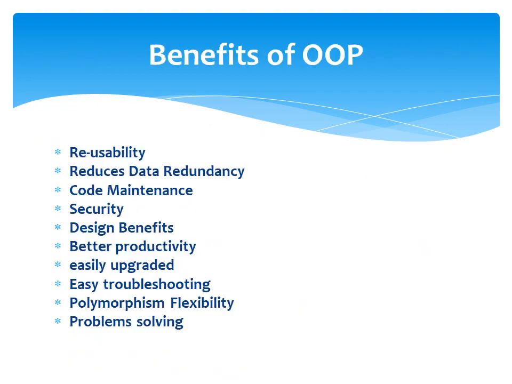Benefits or advantages of object-oriented programming. First, reusability. This means that classes once created are tried and tested. And so, if the same class is needed in many applications, we don't have to write it again. We just have to use it.